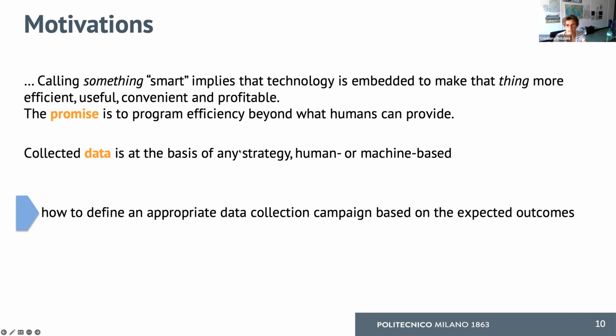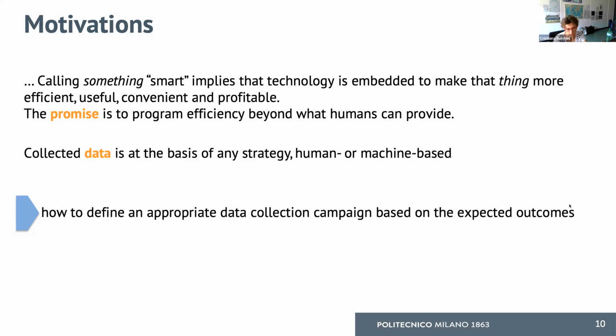One of the aspects that are crucial, not only today but especially in the future, is the fact that data collection is also pretty expensive. We need to collect data.